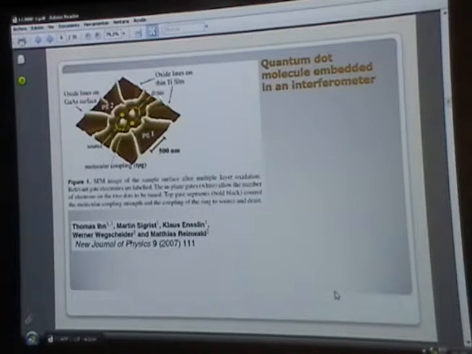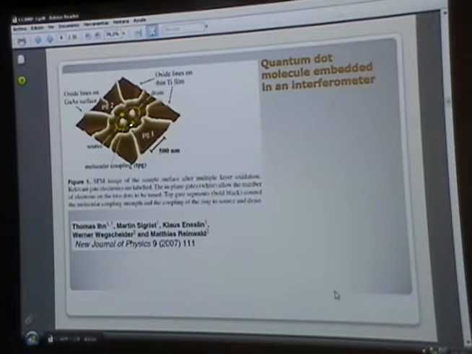It is a heterostructure of two semiconductors. One is this thin film on the top, and these bright lines are top gates, or gates for controlling the motion of the electrons in this device.